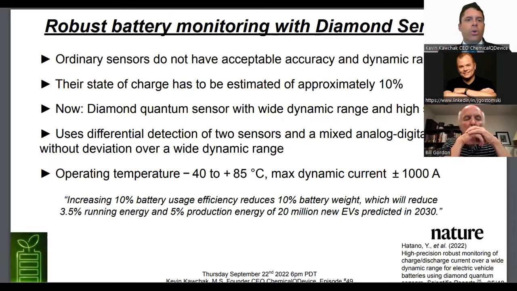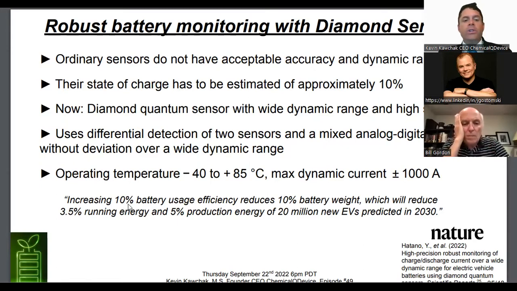Now here's the robust battery monitoring one. This was in Nature as well. This seems pretty legitimate, and it's basically saying current day batteries, you can only get about 10% accuracy with the exact charge state that it's in. Now there's always the headlines that come out with it. It seemed like it may be down to 1%, but I think their quote at the bottom captures everything.